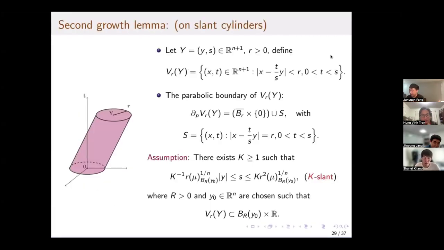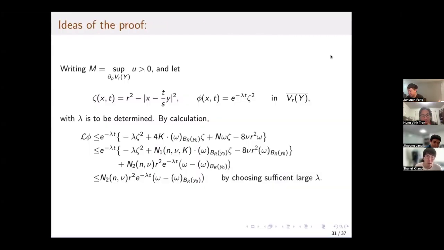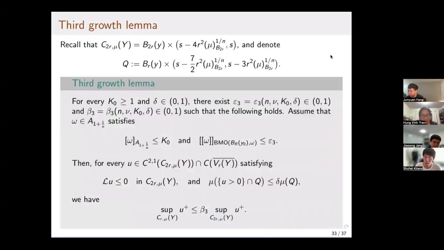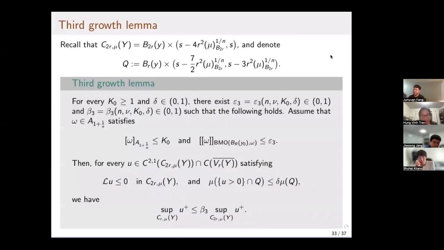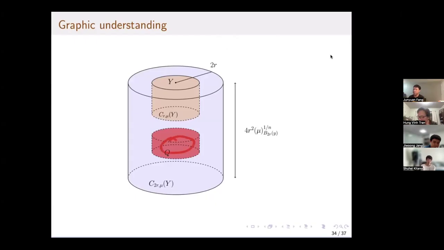Okay. Also, we have one more closed lemma. Let me quickly show one proof, the graph. Okay. Let me use this one. If we satisfy the first condition and the second condition, this says if we have information on this Q, then we have the information on the top cylinder.